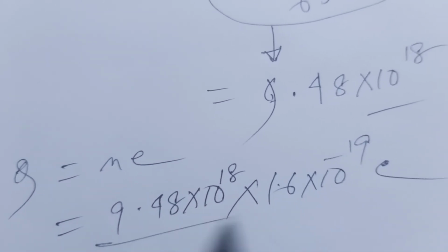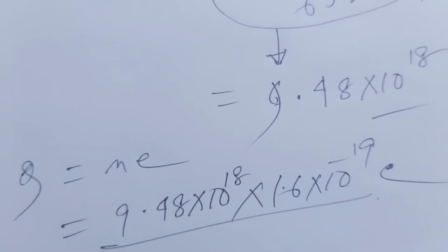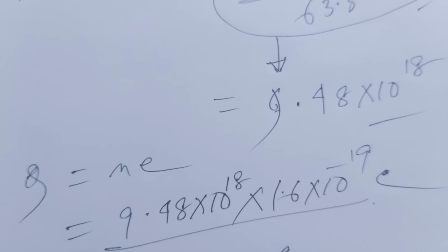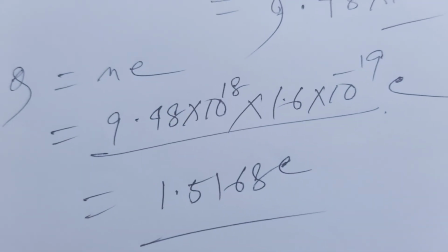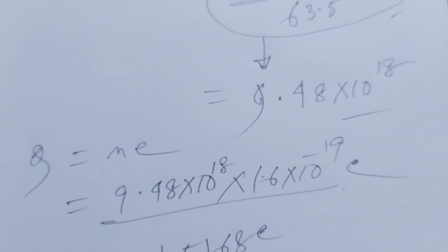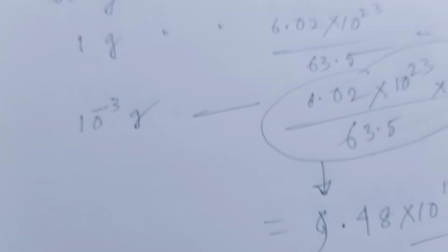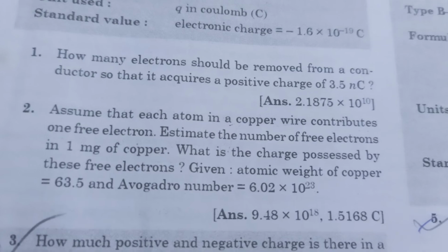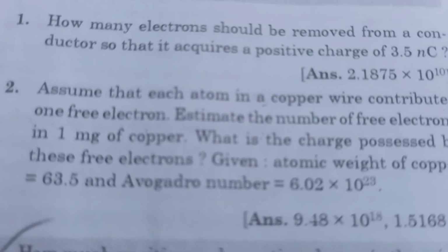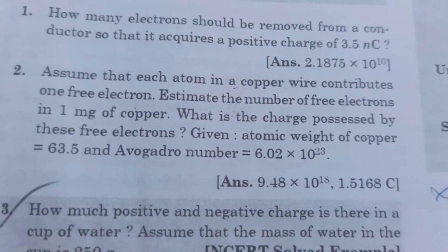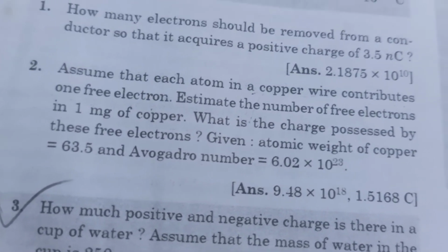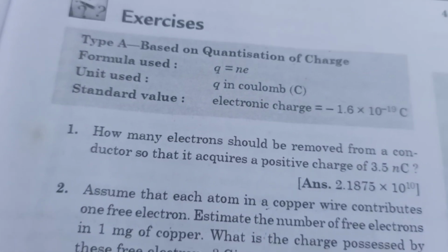So this is the magnitude, and if you take the sign, this is negative, and this is equal to 1.5168 coulomb. So assume that each atom in a copper wire contributes 1 free electron, then estimate the number of free electrons and the charge possessed by these free electrons. I think it is clear for you, and all the numericals are done.